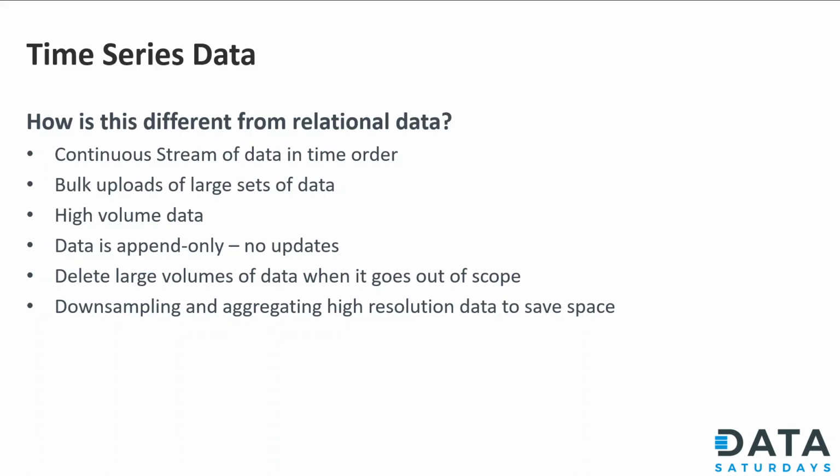So what we can do is delete the data when it goes out of scope. Let's say we keep it for 1 year, and after 1 year, we simply delete the data. So a time series database needs to be able to cope with deleting large chunks of data without killing the database. And another thing we may want to do is downsample the data.